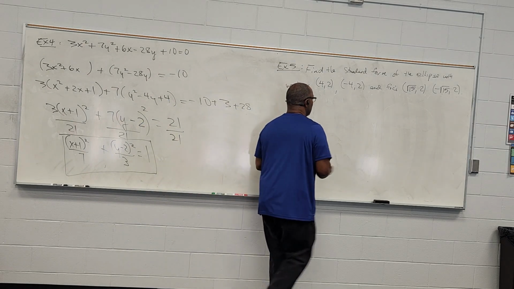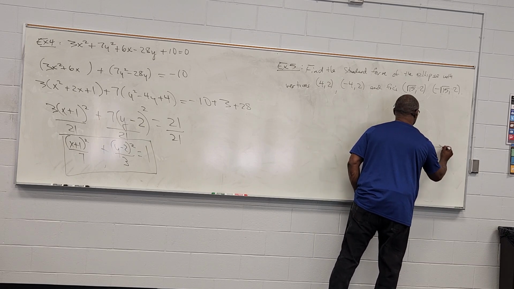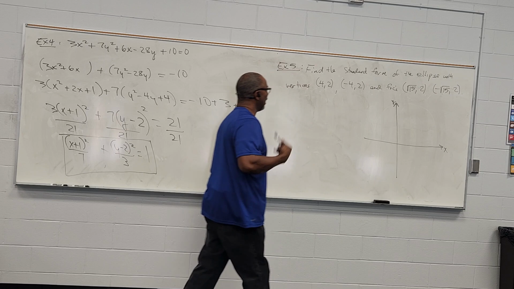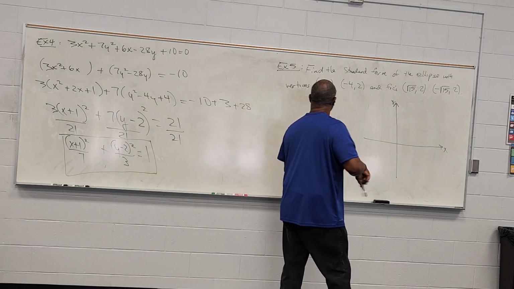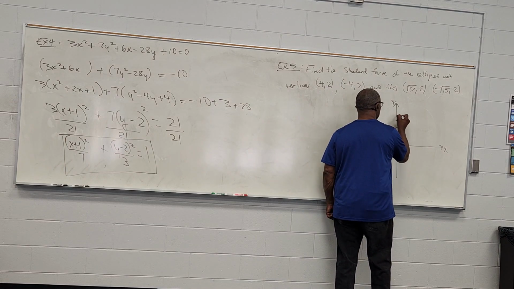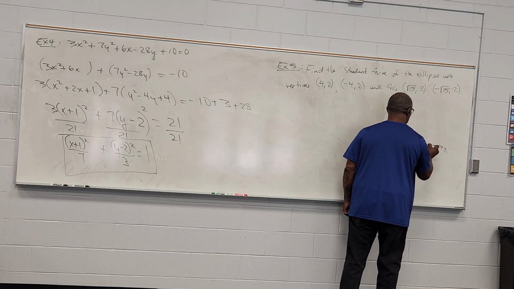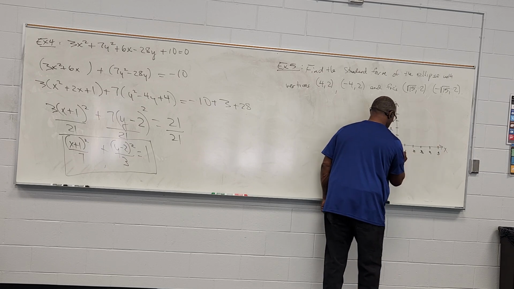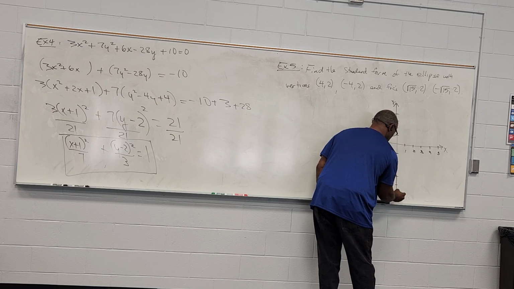Okay? Well, let's see what they gave us. X and Y axis. Okay? Let's plot those points. So, 4 comma 2, negative 4 comma 2. 1, 2, 3, 4. 1, 2, 3, 4. 1, 2, 3, 4, 5, 6.